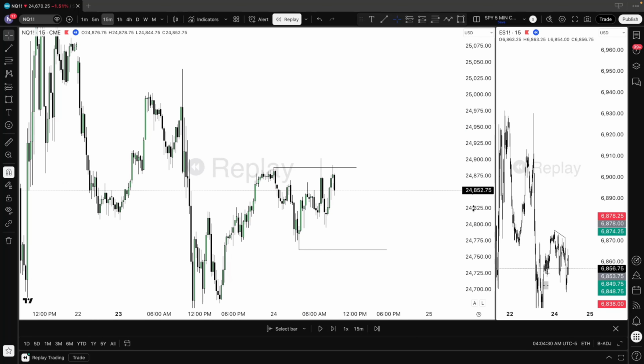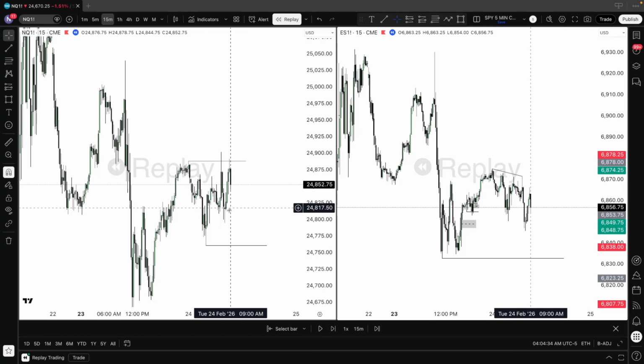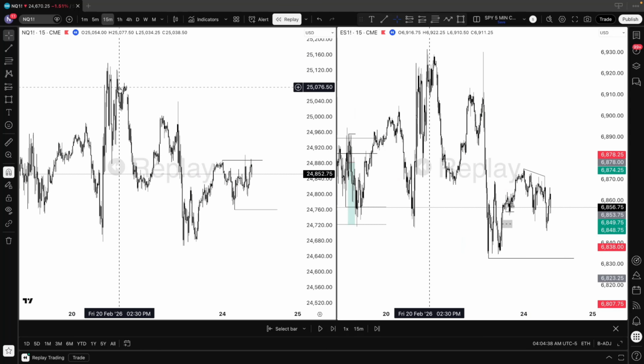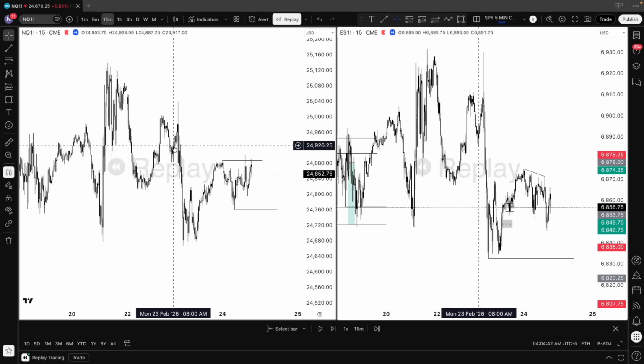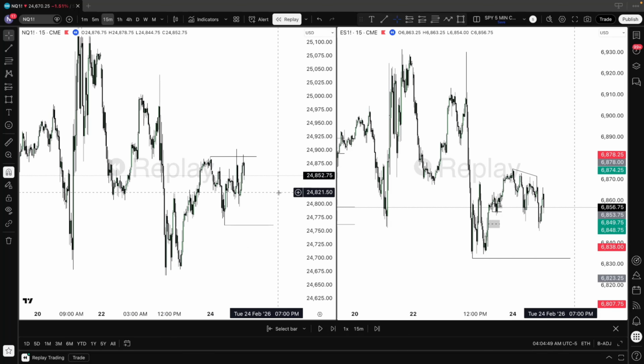Let's go ahead and pop open NQ and ES. We'll go over two examples here in this price range. So what is price looking like on the higher time frame? As you can see, we're trending down. We have displacement down, we come back up, retrace, we sweep this high and get displacement down, retrace. Structure is overall pretty bearish.